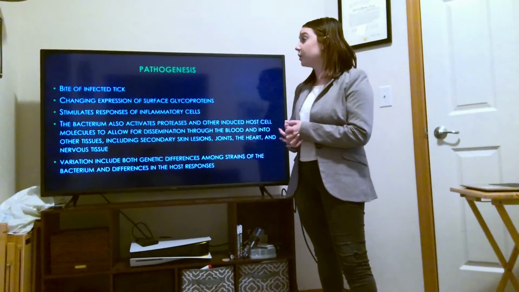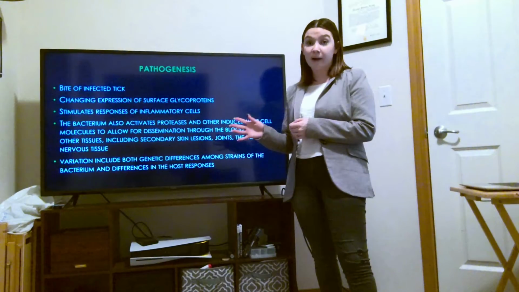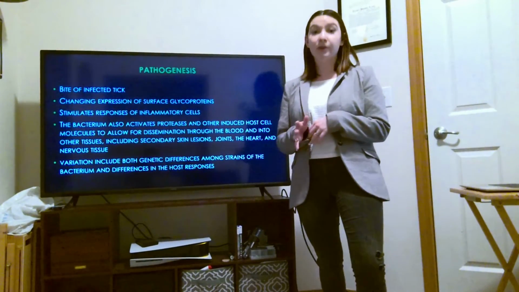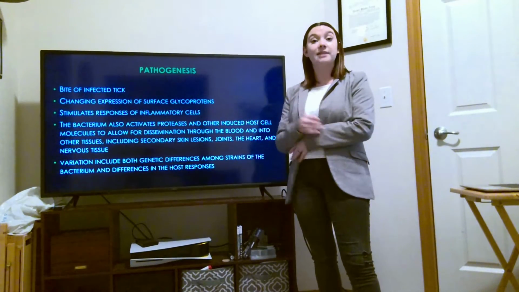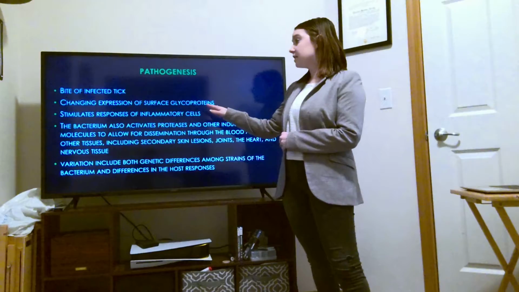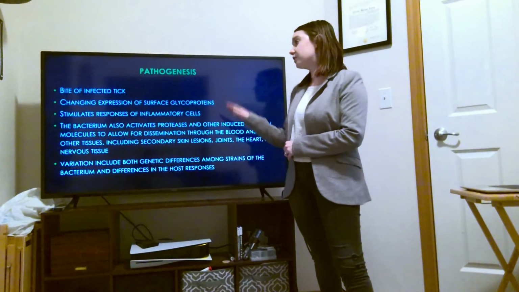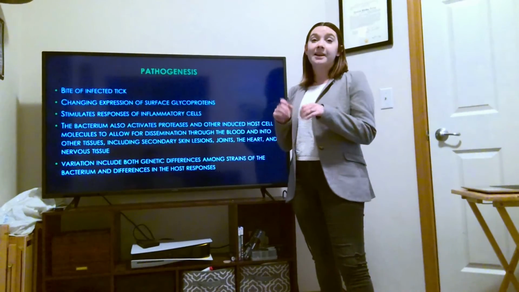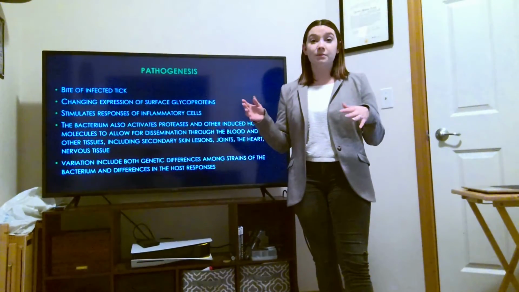So when we first get bitten by a tick, this infected tick has to have the bacterium, the Borrelia, and when it does, like I said, it'll inject its way into our bodies. The first thing it does is change the surface glycoproteins on its cell surface. When it does this, it's actually triggering our immune system to recognize it.